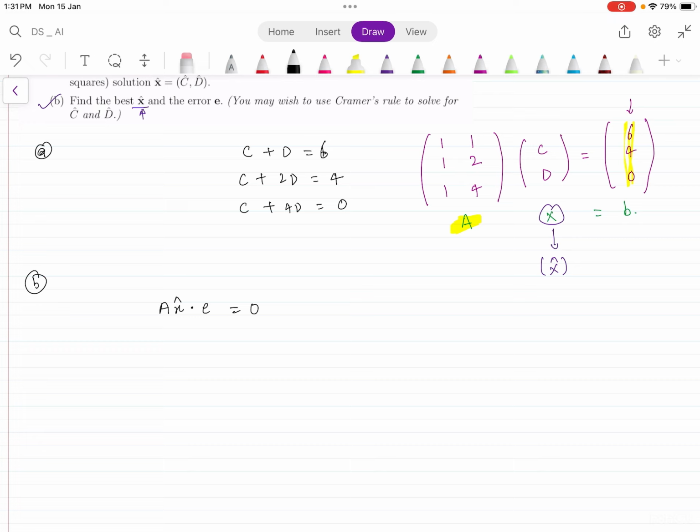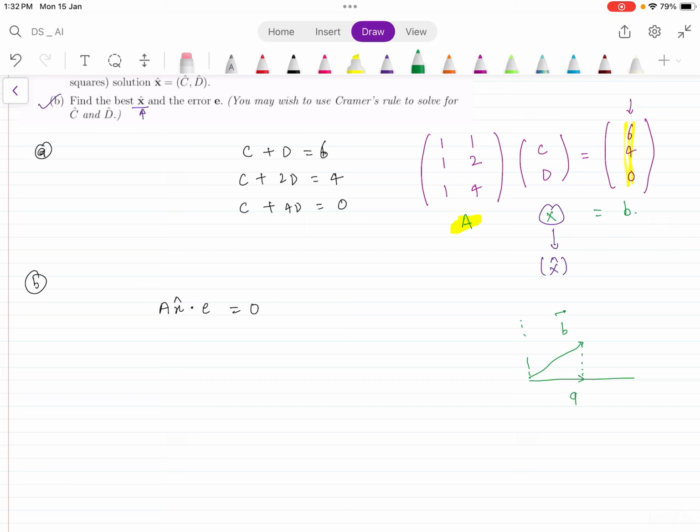Let me give you an analogous picture as in line projection. So this is the line, right? And this is the vector b. What we do is project b onto this line, and suppose there is a vector a on this line.